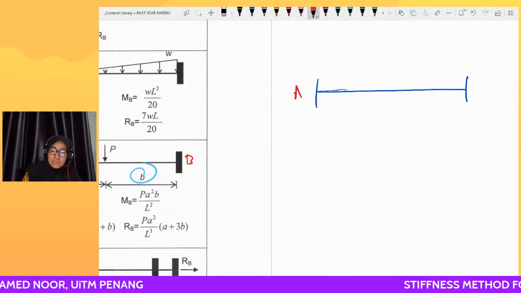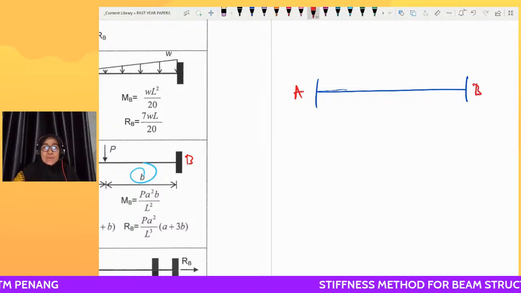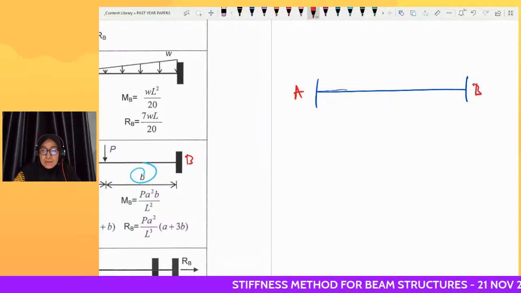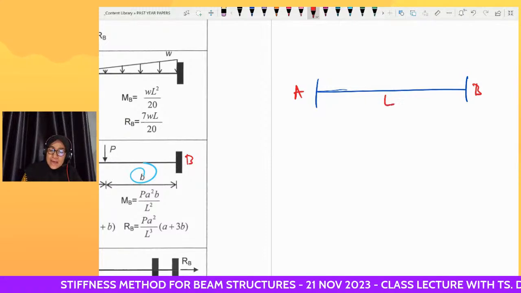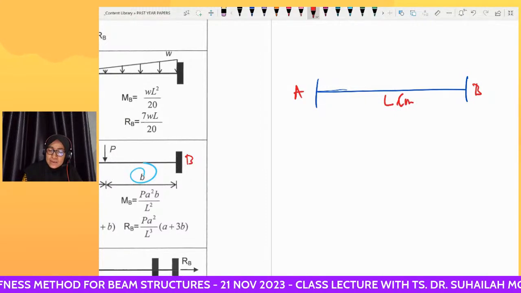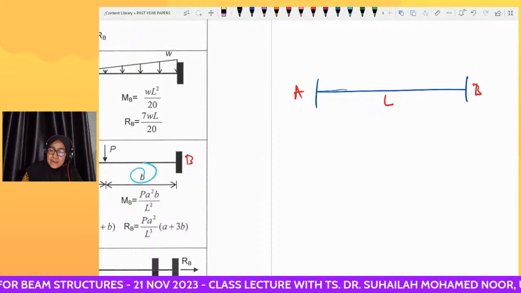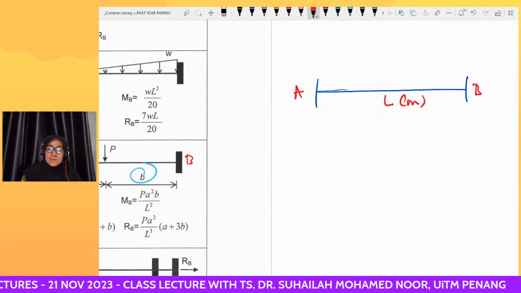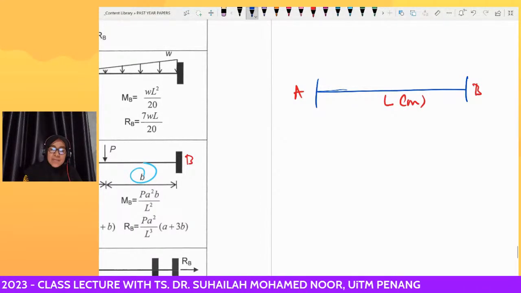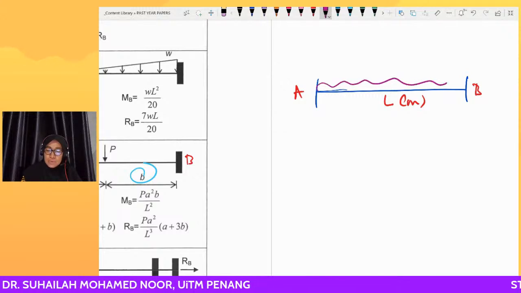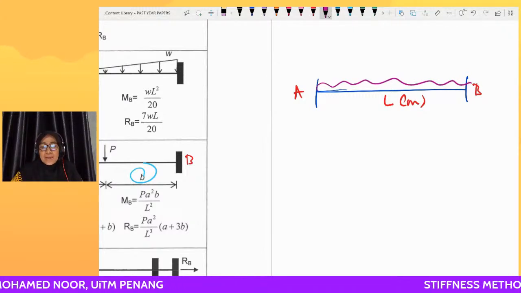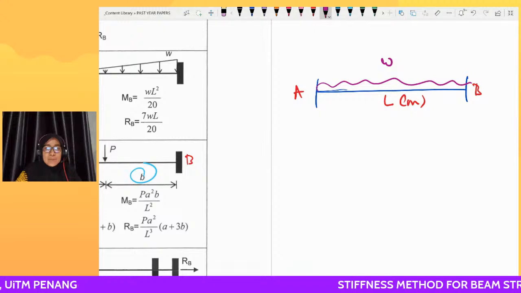The distance is the length L in meters. This beam is subjected to loading W.